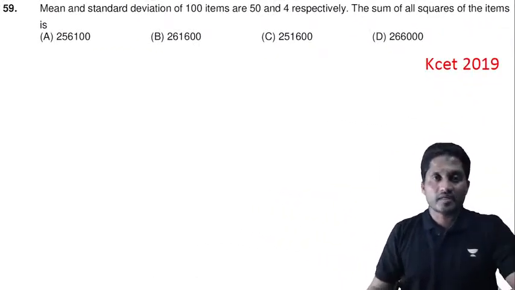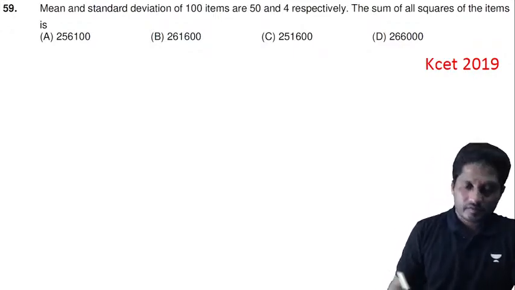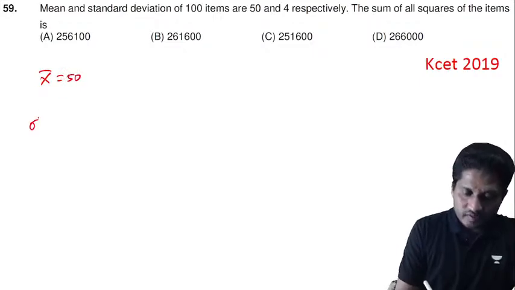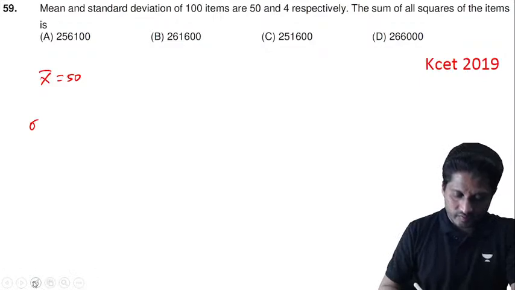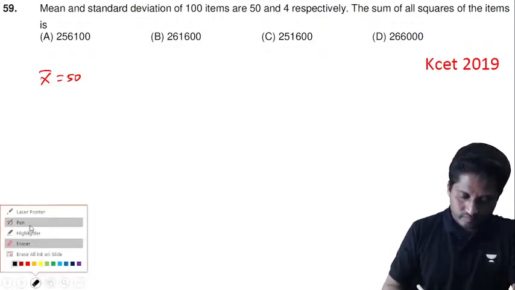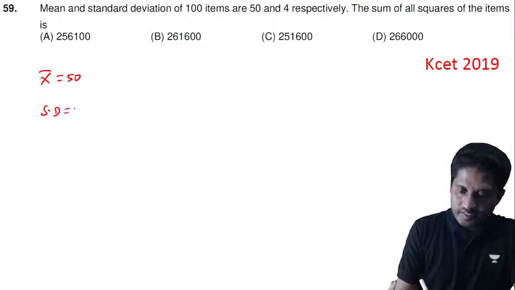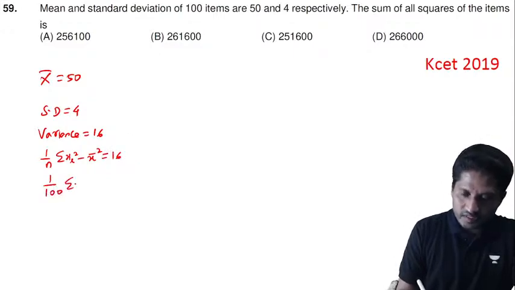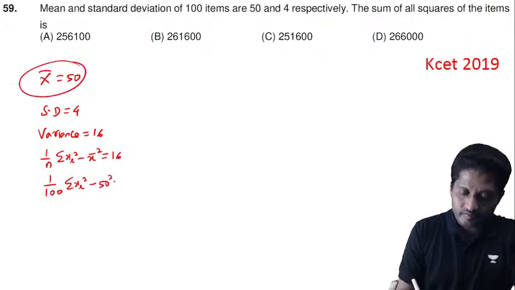The mean and standard deviation of 10 items is 50 and 4. Mean x bar is equal to 50, given, right? And standard deviation is equal to 4. So this means that variance is equal to 16, because standard deviation is equal to root of variance. This is 1 by n summation xi square minus x bar square is equal to 16. 1 by 100 into summation xi square minus 50 square.